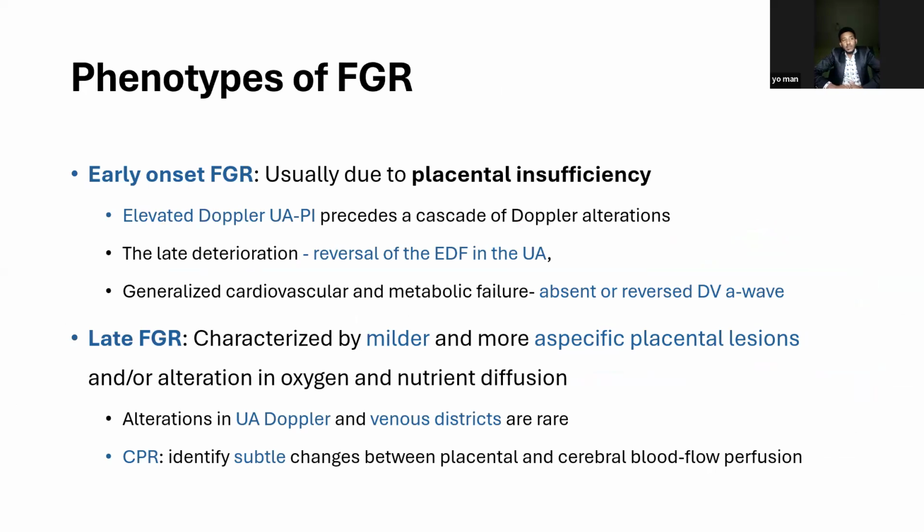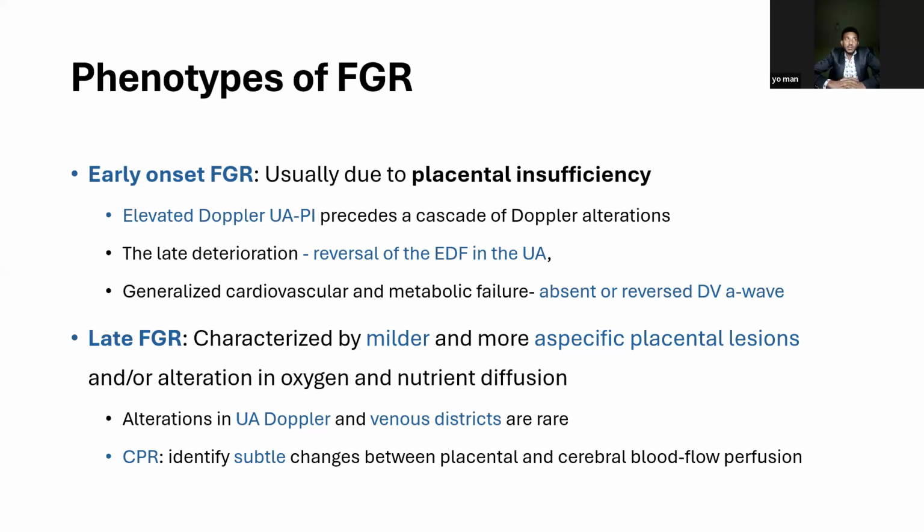It's my last topic of FGR. After we diagnose FGR, we have to know that there are two types of FGR. There are two phenotypes of FGR, early onset FGR and late onset FGR, which usually differ in their clinical appearance, ultrasound characteristics, and the gestational age at which they take place.